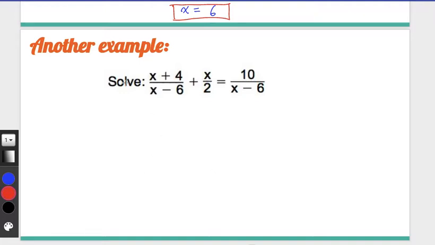As we mentioned, the very first thing is always to change the denominators to be the same. So we are going to check all the denominators we see. We have x minus 6, we also have 2, also the same x minus 6, so there are only two exact terms we are going to consider, x minus 6 and 2.